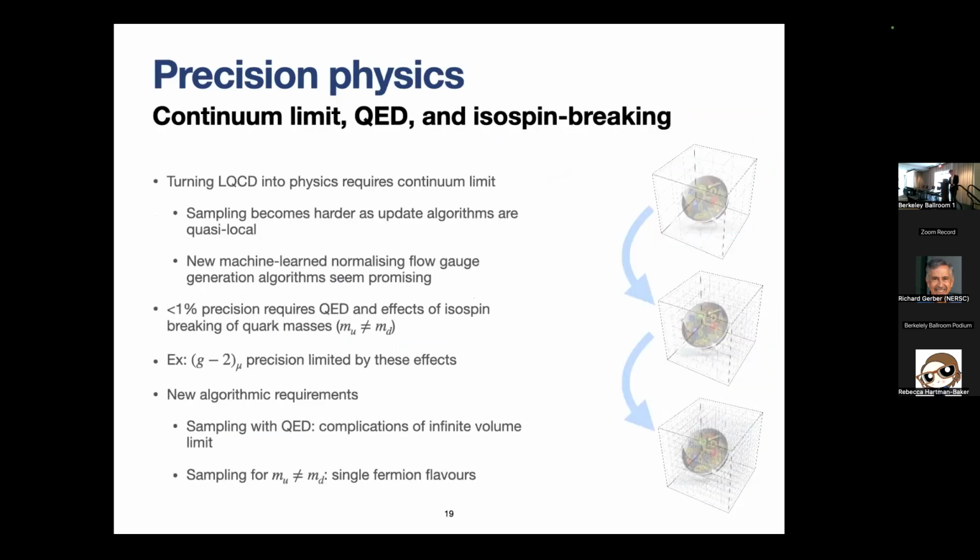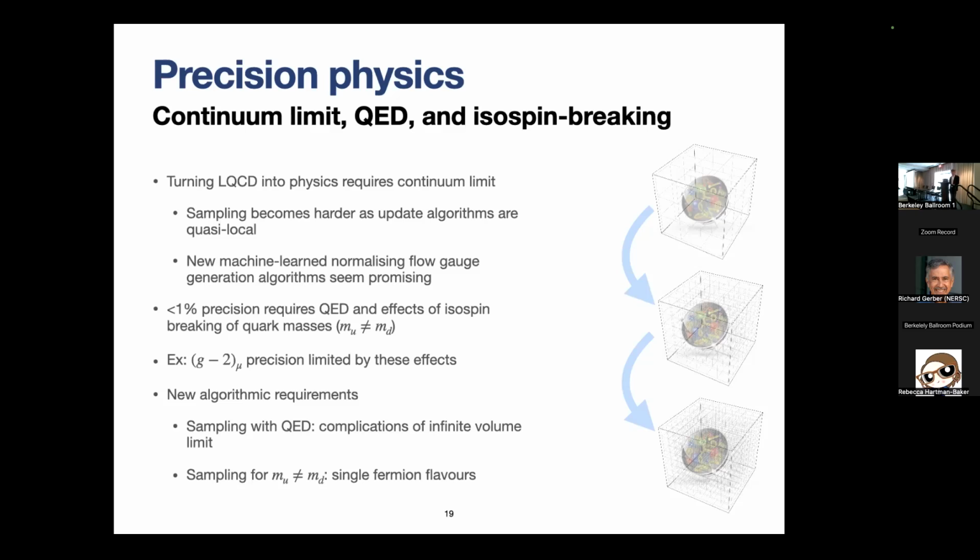So some challenges that come up as we go forward really come from trying to do precision calculations. To be very precise, you need to control the extrapolation to the continuum limit and to infinite volume very well.